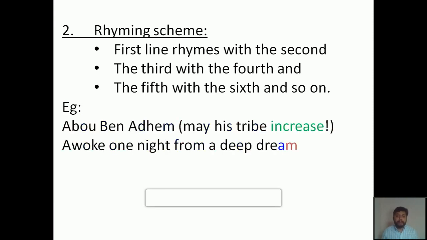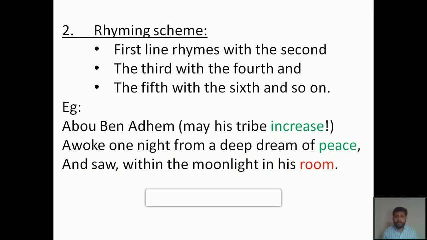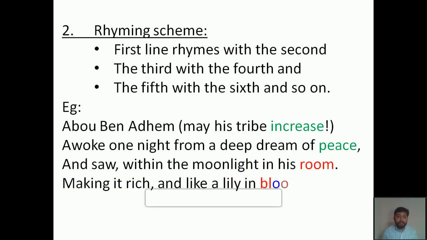Abou ben Adhem, may his tribe increase, awoke one night from a deep dream of peace, and saw within the moonlight in his room, making it rich and like a lily in bloom. So here you can see certain words are colored, like increase and peace, room and bloom.